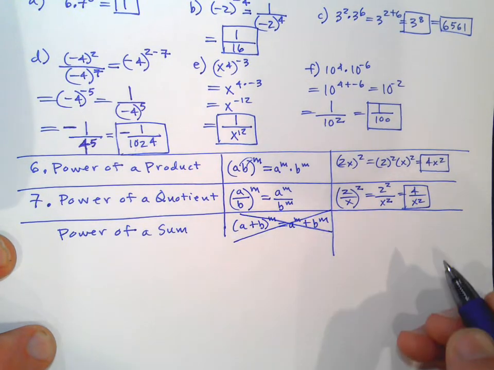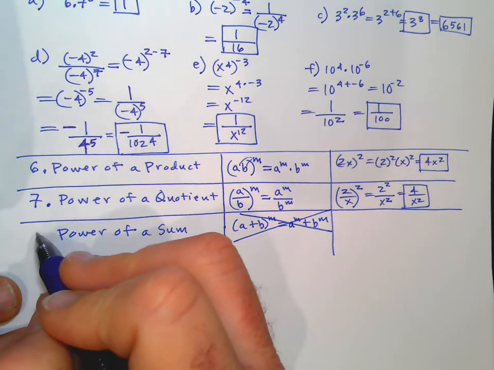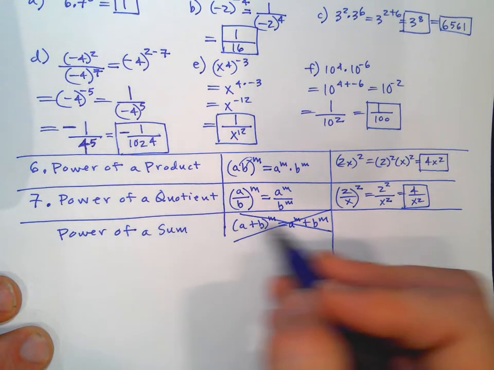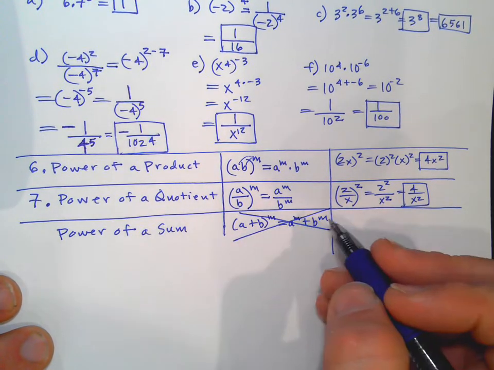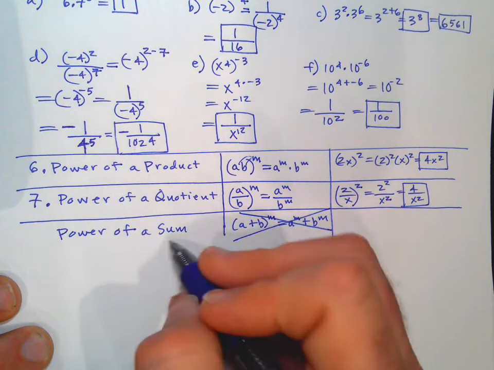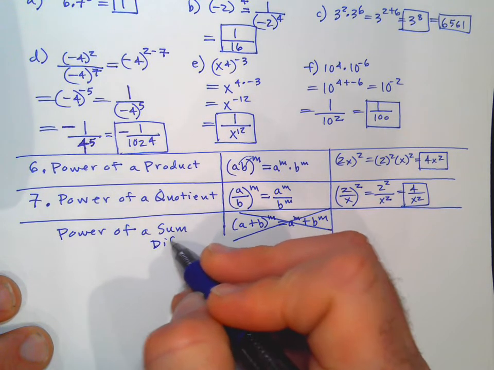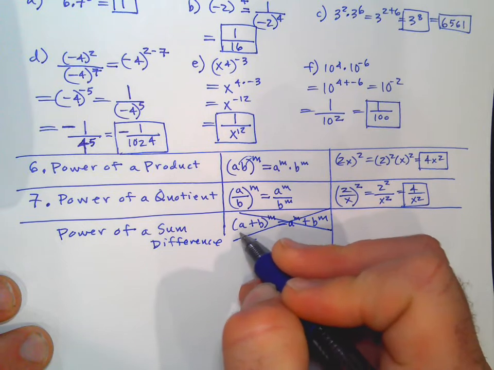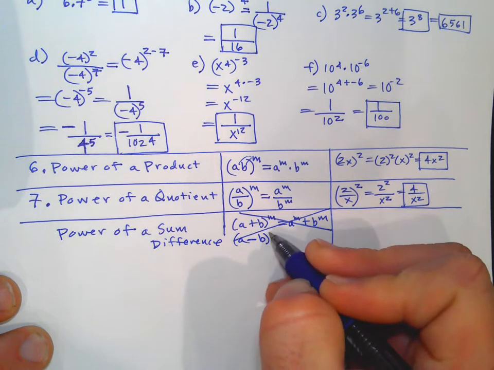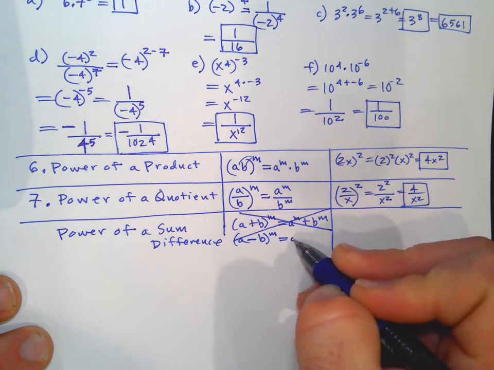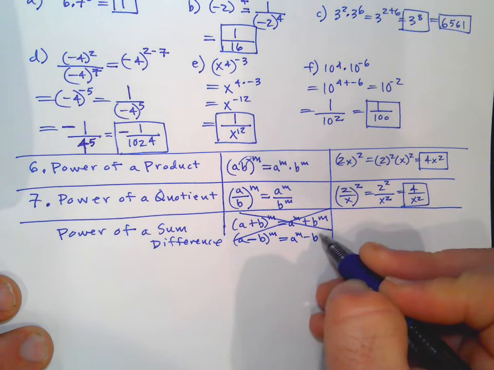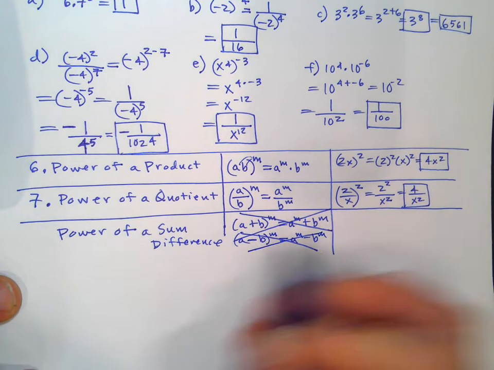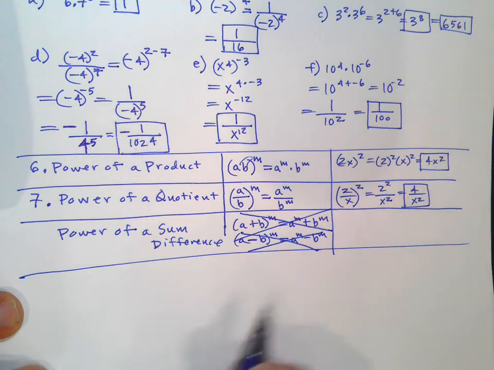No, that does not work. You actually have to distribute it. You've got to FOIL it. Same thing for difference. If it were subtraction, you can't just give it to each of them separately. It will give you the wrong answer. So those are not rules, just throwing that in there.